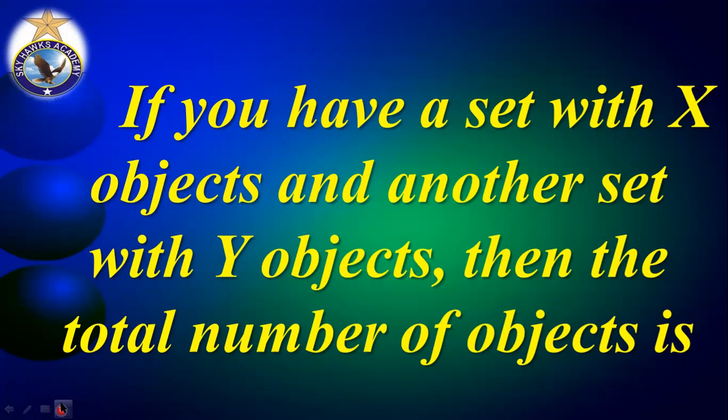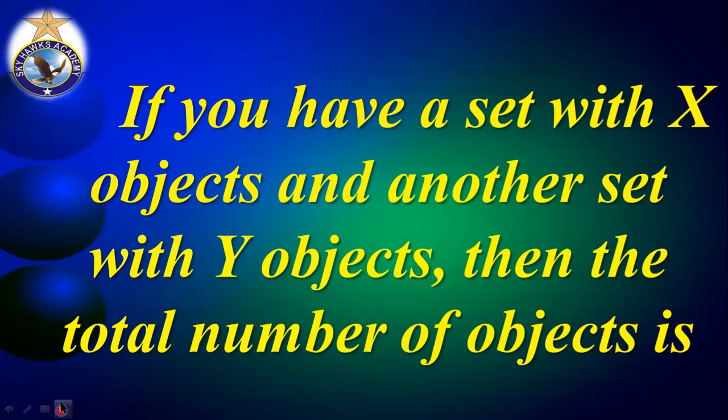So if one set has x elements and the other set has y elements, and some elements are common, they must be written only once, because there is no repetition.